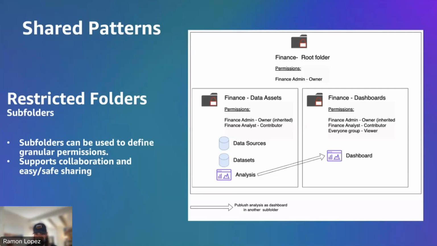Most organizations in real life are going to have dozens of subfolders at different levels to support different levels of self-serve, as well as different sharing to different users. So this is again another key pattern that administrators within one single account can use to deploy to multiple departments, multiple teams, or projects within a large enterprise.